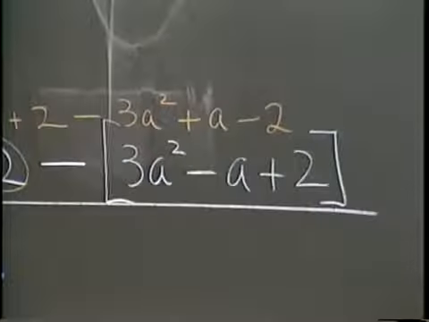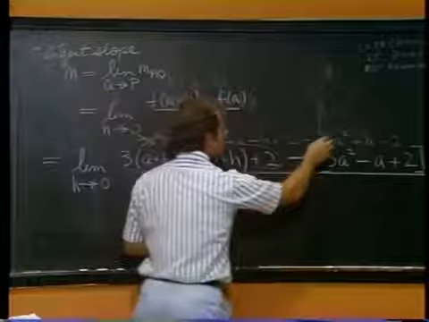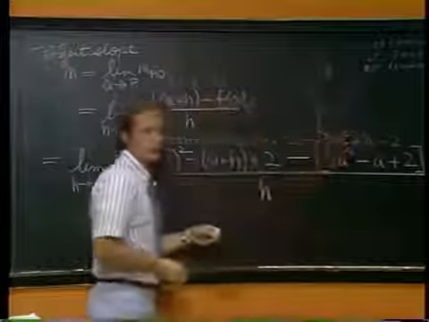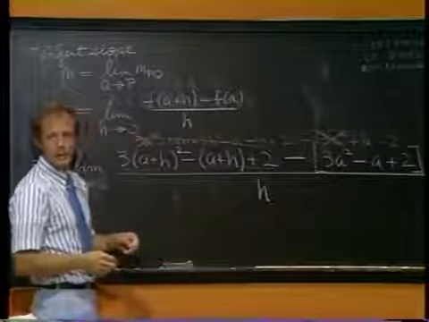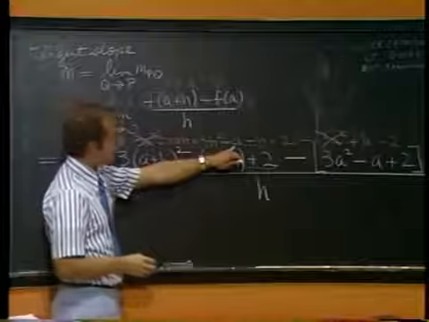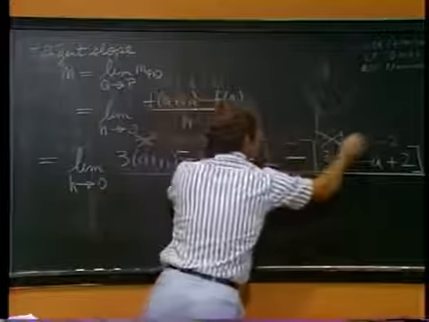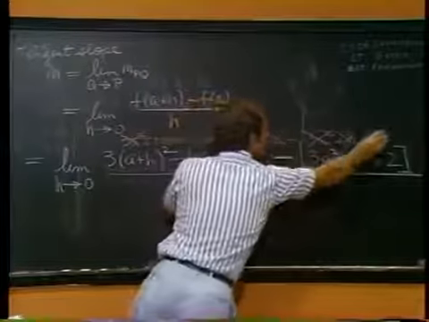Now when you go in, you should be able to cancel anything that does not have an h in it. And that's a word of caution. If you end up with terms that don't have h's, I bet you've made a mistake. For example, that a there, I can look at it and say it's going to have to cancel somewhere. Sure enough, it does way over here. And the same is true for the 2.